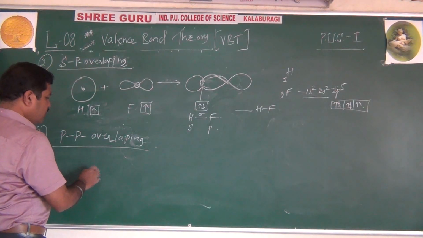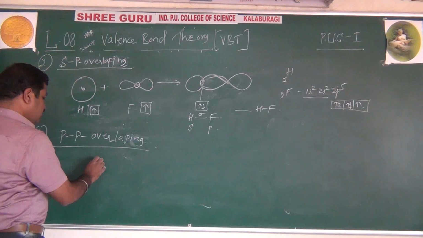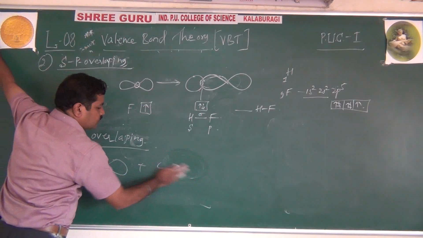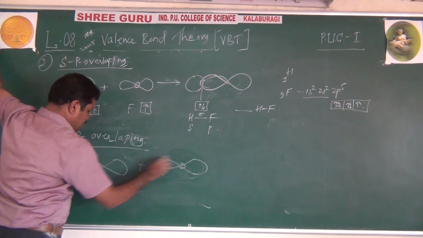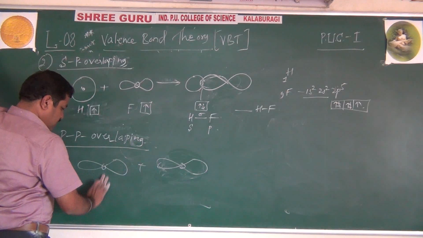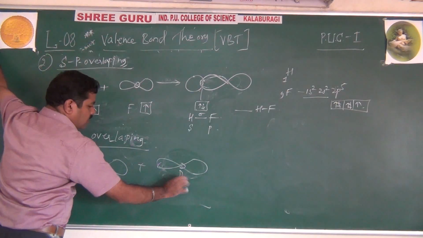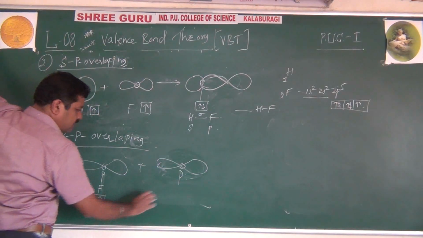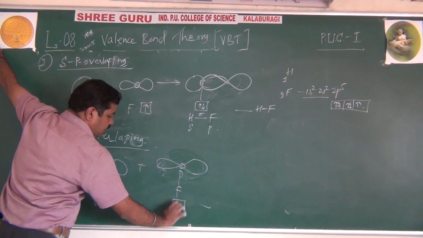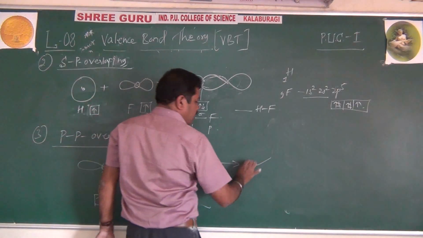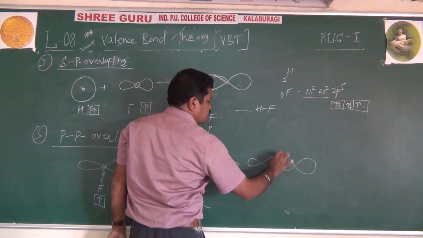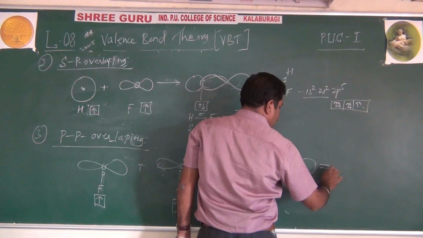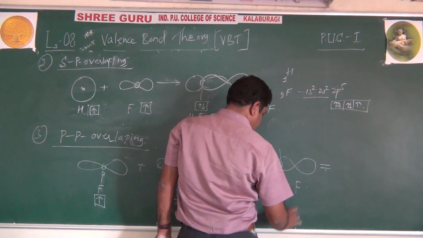See, one fluorine atom. If you consider fluorine, both are having this, for P and P orbital of fluorine. Okay, once again having 2pz of fluorine, 2pz, they will overlap. Okay, that leads to this, what? P and P overlapping.